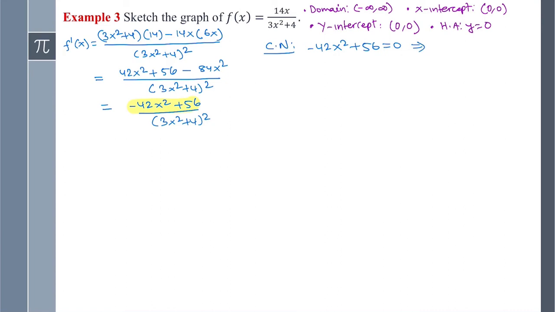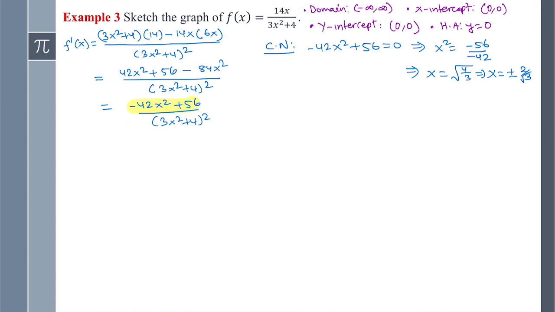If we subtract 56 and divide by negative 42, we get x squared equals negative 56 over negative 42. 56 over 42 is 4/3, and then we take the square root. That gives us x equals positive or negative 2 over square root of 3. Okay, so that is our critical number.